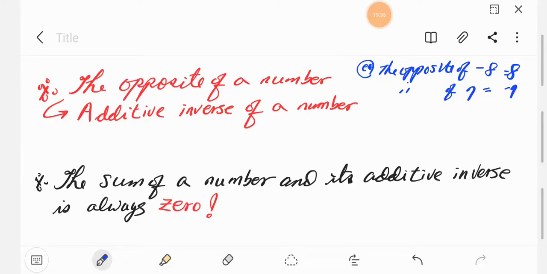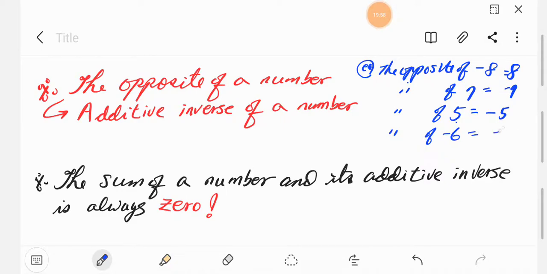Alright, let's try more. What's the opposite of 5? The opposite of 5 means you put the negative sign in front of this number. So negative 5. How about the opposite of negative 6?